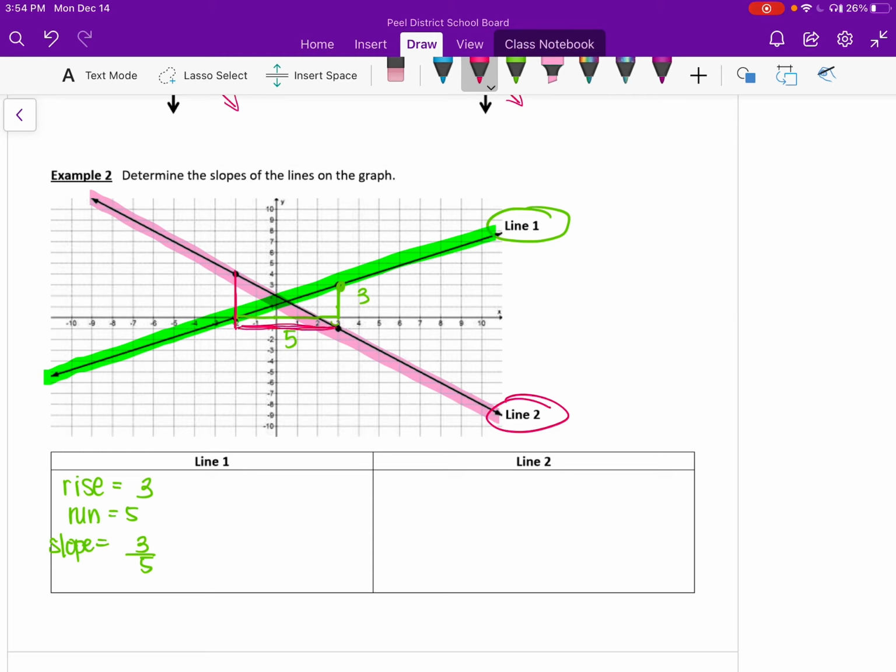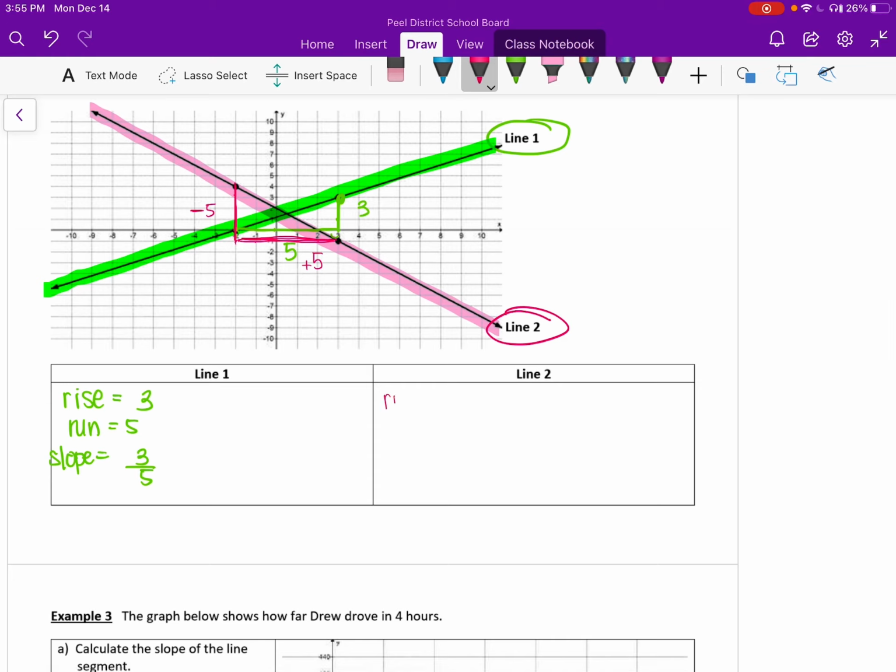So let's do the counting. So I'm going from 1, 2, 3, 4, 5. I'm going down 5, so that's going to be -5 because I'm going down. And I'm going to the right, which is still a positive. I'm going to the right, 1, 2, 3, 4, 5. I'm going to the right +5.